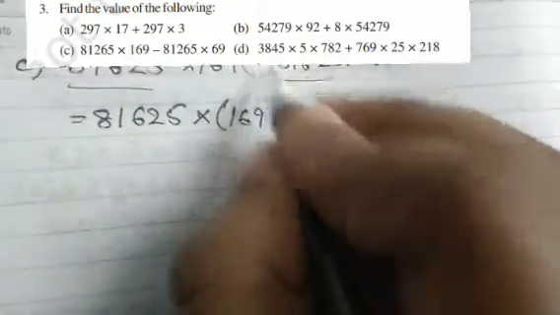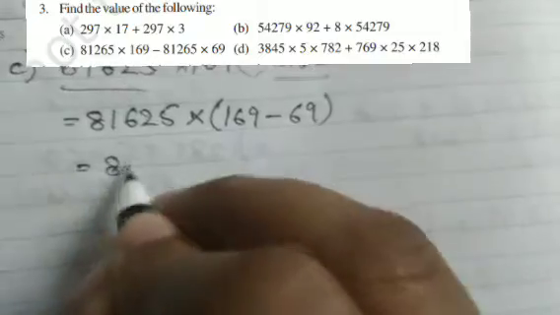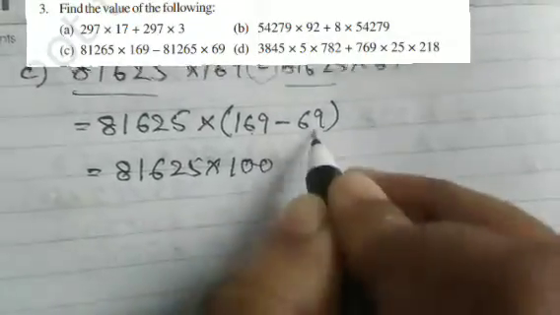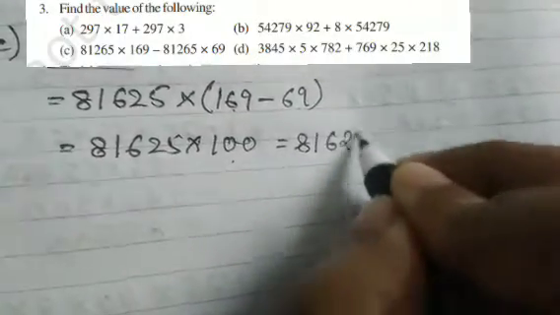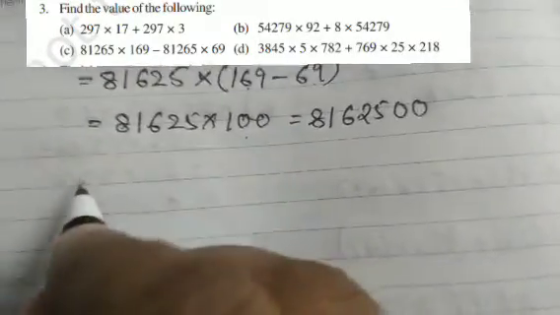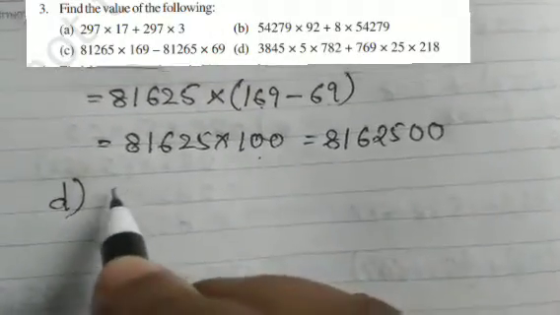I told this particular symbol will come here, minus 69. 81625 into 169 minus 69 is 100. I get the answer as 8162500. So you see how easy it is for me to solve this particular question, so that I do not have to do any huge multiplication.